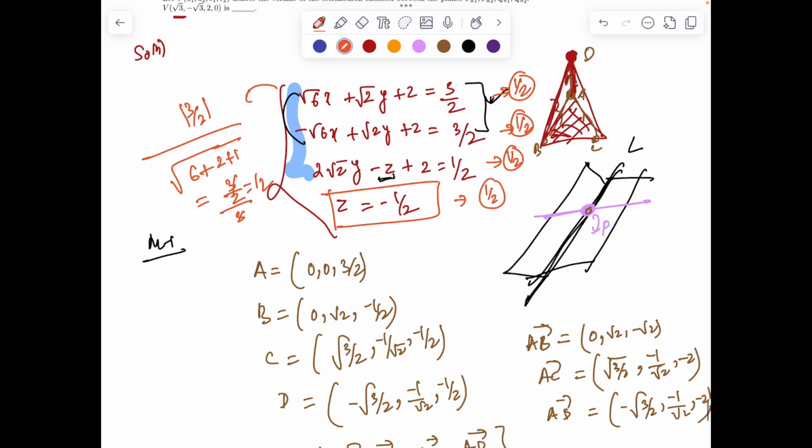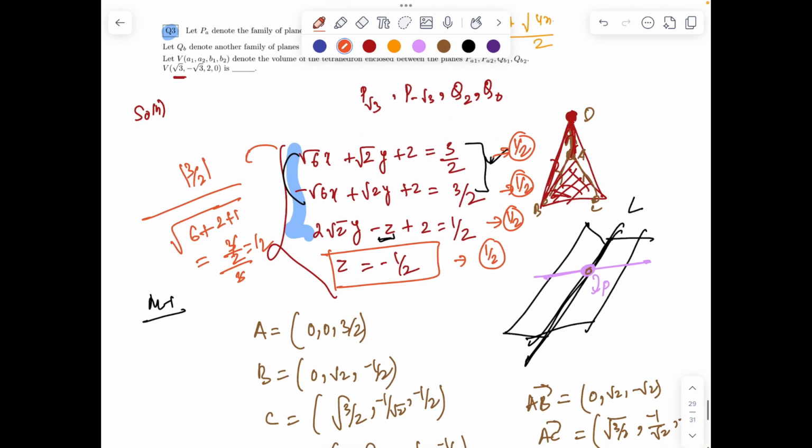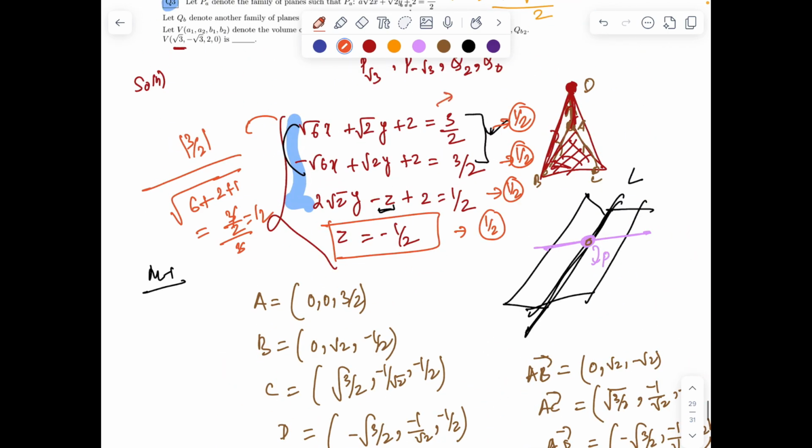Also, the angle between any two pairs. Let's call these P1, P2, P3, P4. So the angle between plane number 1 and plane number 2: what is that angle? cos theta is the dot product of the vectors root 6, root 2, 1 and minus root 6, root 2, 1, divided by the magnitudes.